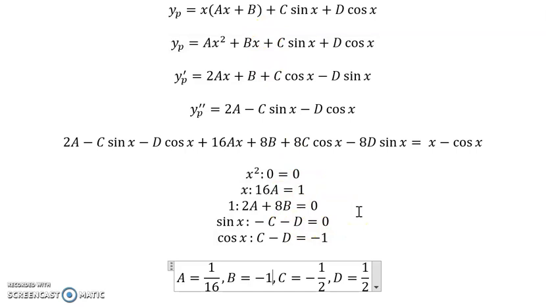So 2 times 1 over 16, divided by 8, we get b equals negative 1 over 64.